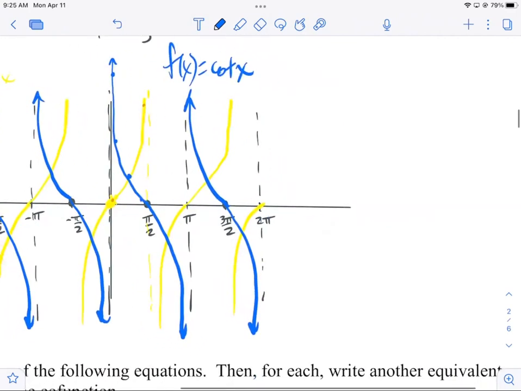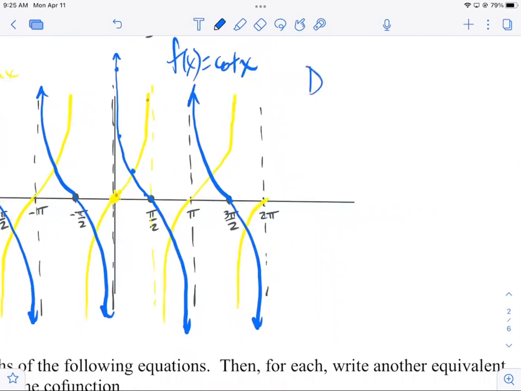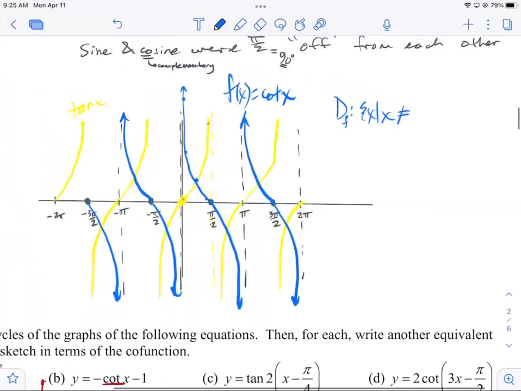So let's look at its characteristics. What's the big D domain of cotangent? It's not all real numbers. It's a set of all x such that x ain't equal to what? Find your favorite vertical asymptote. Pi will work. 2 pi will work. 157 pi will work.